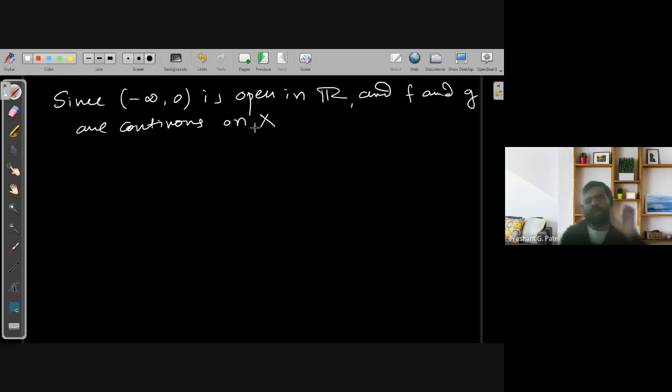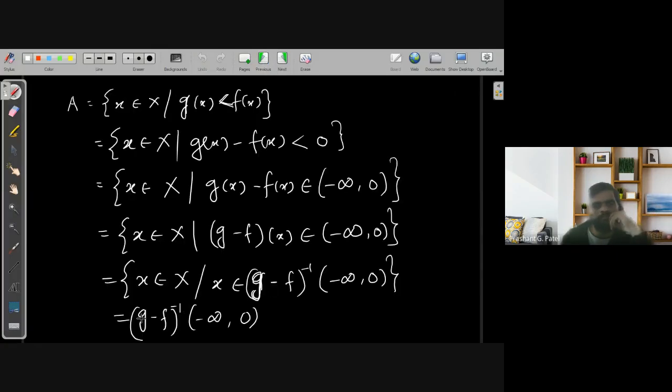So g minus f is also continuous. And the inverse image of an open set under a continuous function is open.